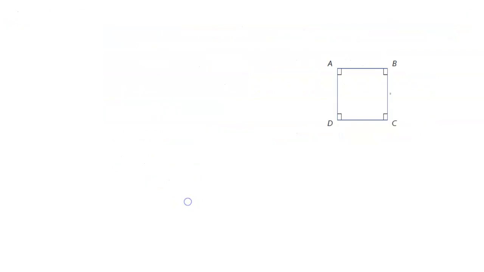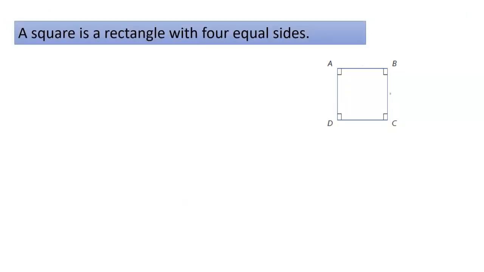Now we've also got to think about squares. And a square is a rectangle with 4 equal sides. A square is actually a parallelogram and a rhombus and a rectangle. It's a special version. So the 4 equal sides tell us we've got 4 equal sides here.